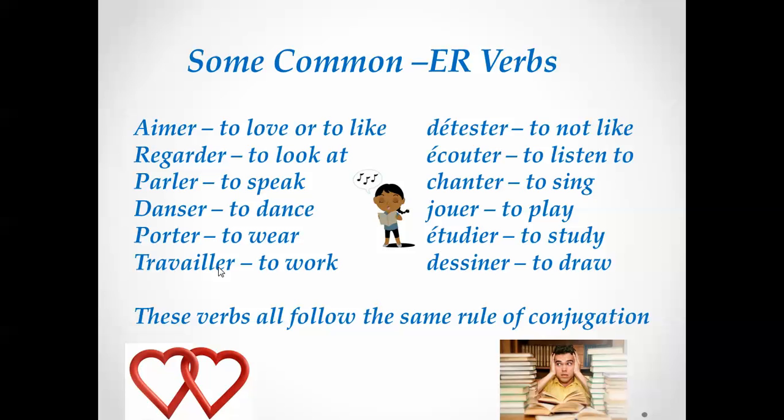So I can give you any of these verbs, and if you didn't have this chart in front of you and you didn't know what it meant, you should still be able to conjugate the verb or put it in the form that matches je because you know what to do, which is boom, take off the ER. So I would take off the ER right here. I'm hiding it, and I'm left with regard. And if I wanted to say I look at, I'm going to say je, and then I'm just going to add back an E. Je regarde means I look at. And you can do that with any of these verbs. They all follow that pattern.